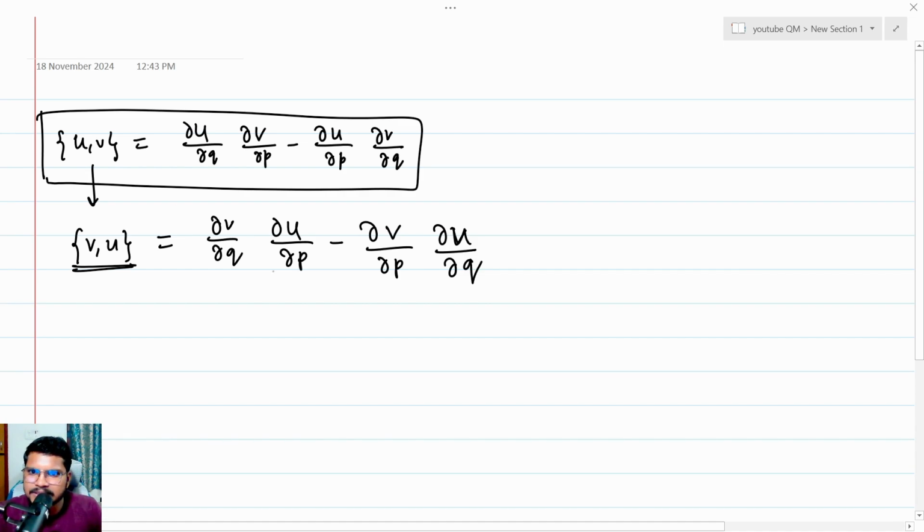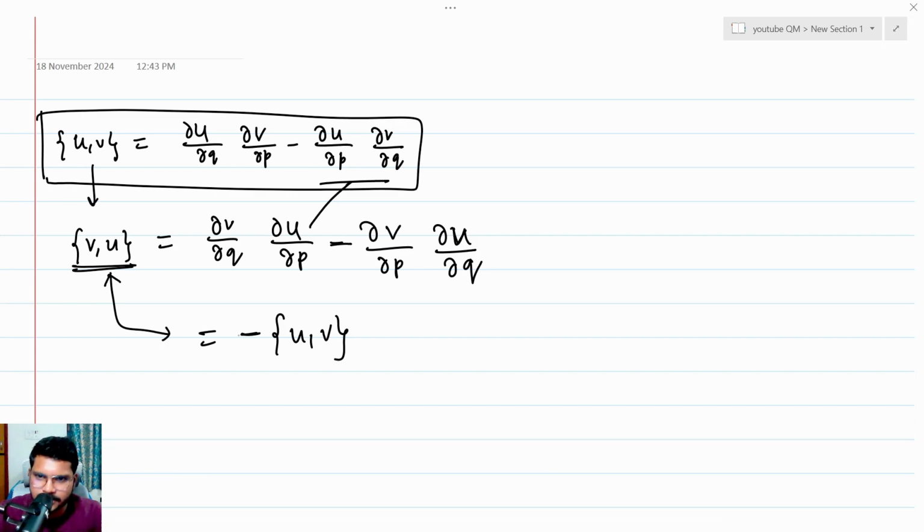You see that they have the same structure but with different positions. Del u by del p has to be there, therefore it would be the same thing as the bracket of u, v. So by changing the order, it will pick up the negative sign. As I told you, this is anti-symmetric, that if I am changing also q and p, everything is changing, so and so forth, right?